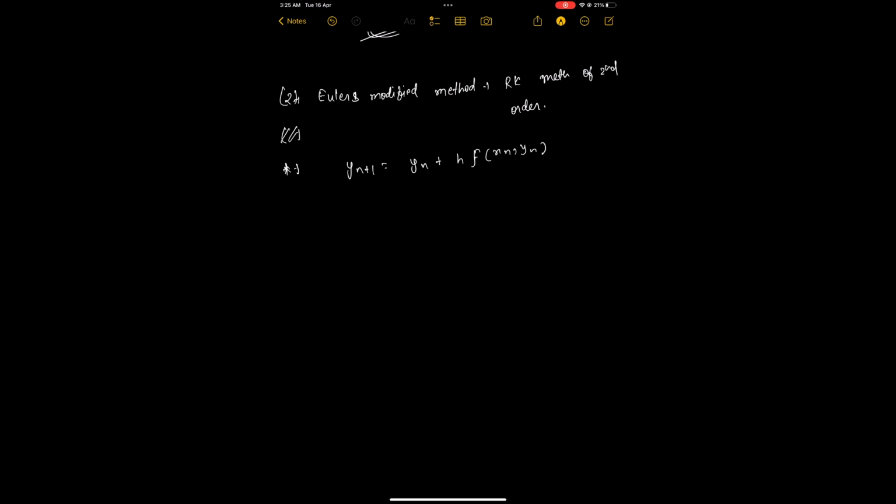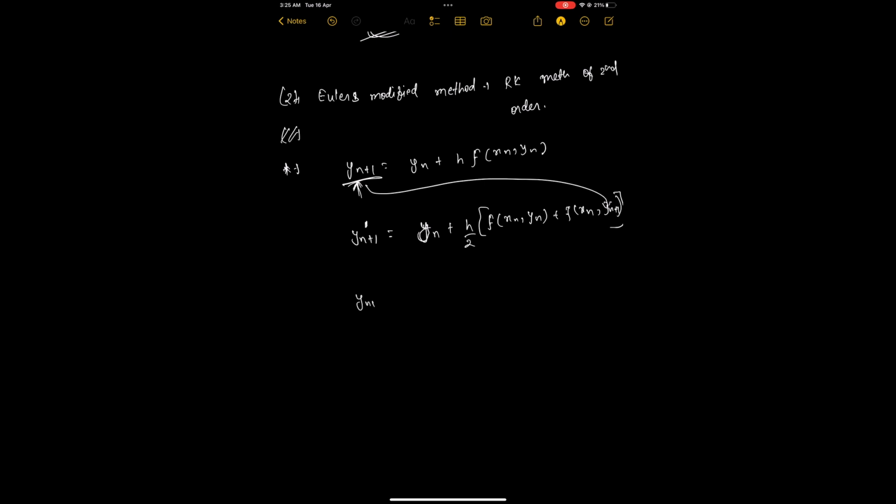In this method we calculate y(n+1) again and again until we get a more and more precise value. y(n+1) prime equals yn plus h by 2 into f of xn comma yn plus f of x(n+1) comma y(n+1). What we do is we put y(n+1) here.